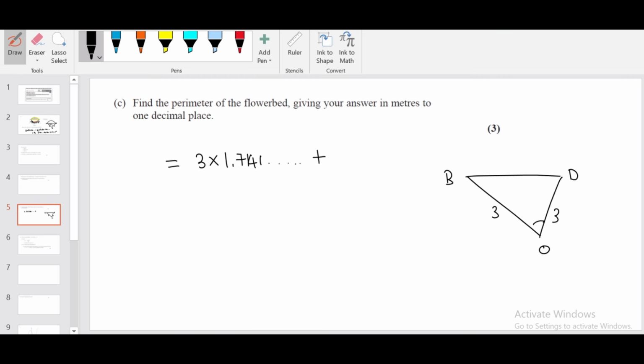We know this angle, so we apply the cosine rule. BD is going to be the square root of a squared plus b squared minus 2ab cos theta. So that will give you the perimeter.